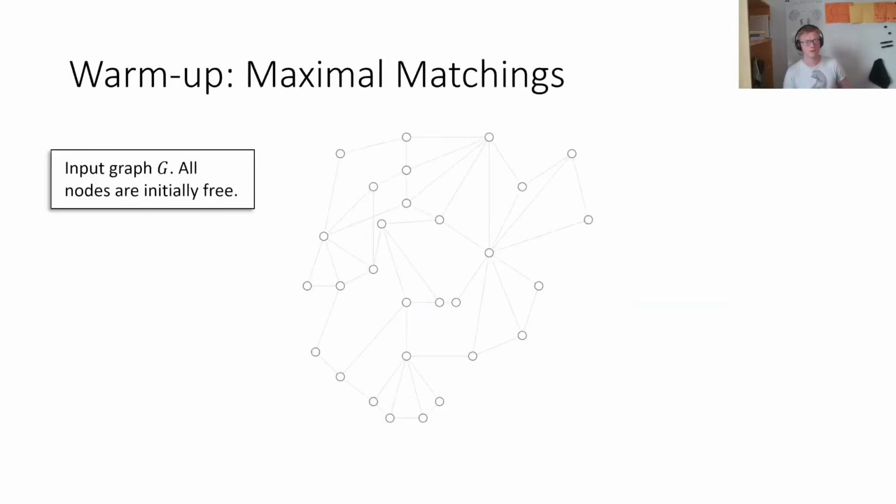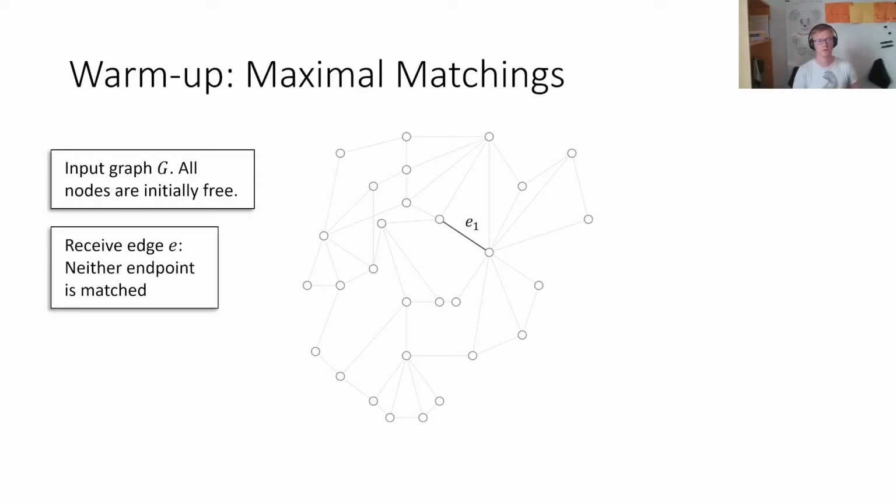And as the first thing, I would like to give a feeling of what kind of algorithms you can design in this streaming model. Our goal is to get a maximal matching, which just means a matching where you cannot add any more edges. So first we mark all the nodes as free.